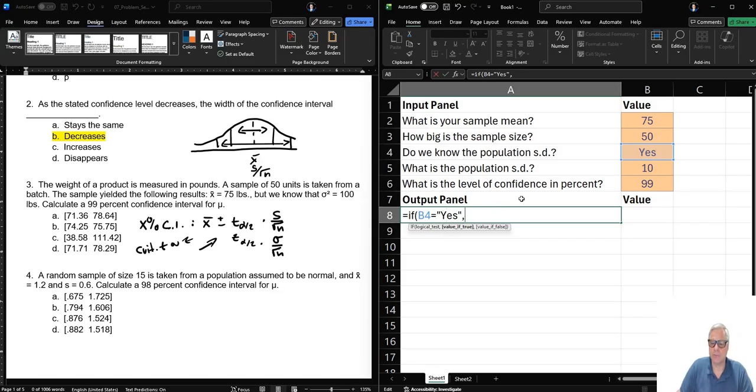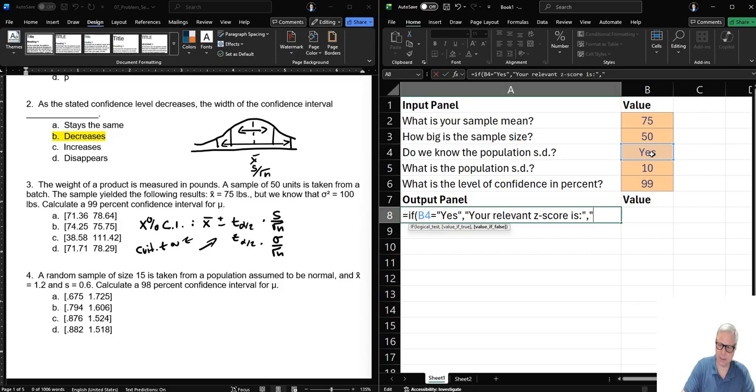If the user said yes, then we return, your critical or relevant z-score is, and then maybe colon, and then we close the text with the quotation mark.